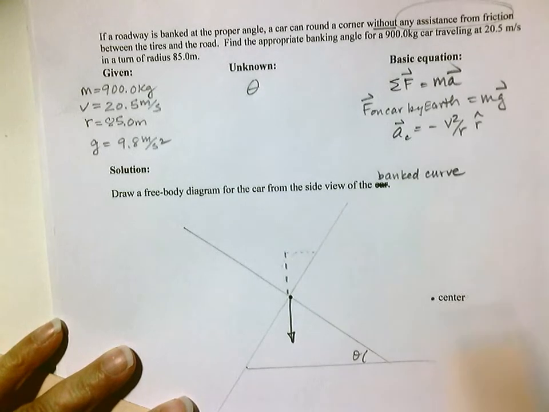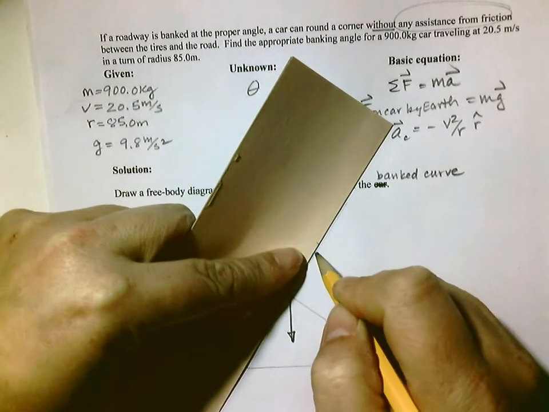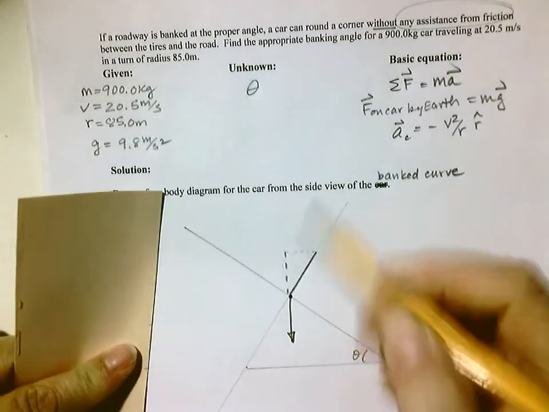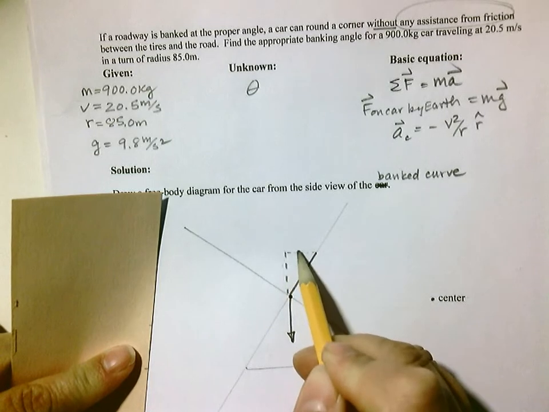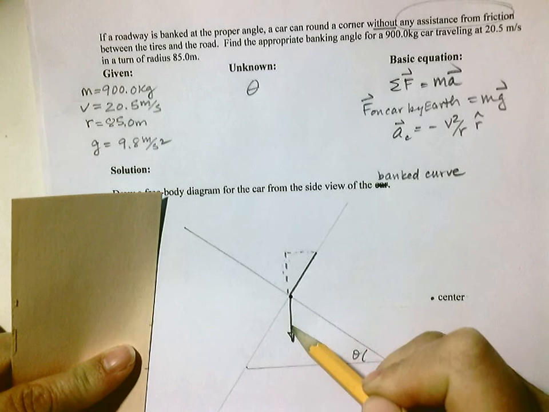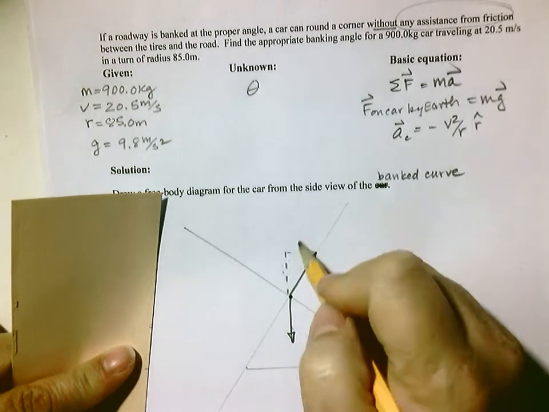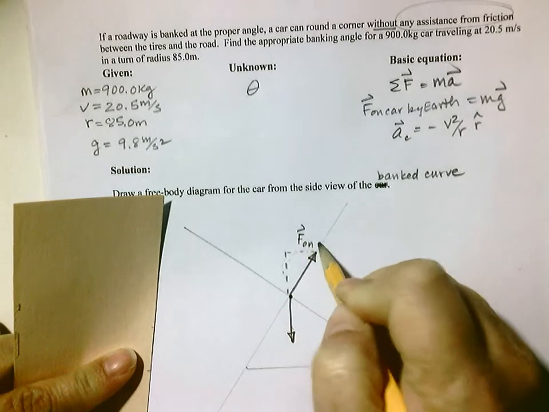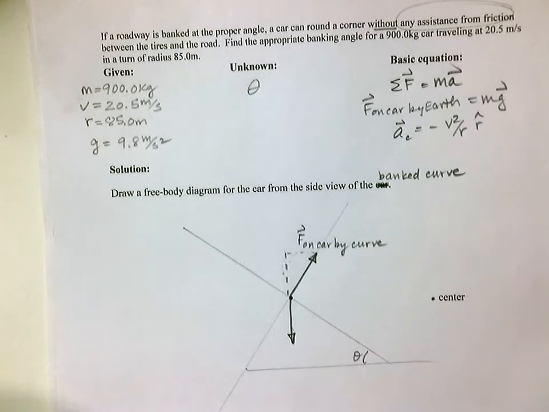I'm only accelerating horizontally this way. So my normal force is going to be drawn a little differently than we've learned in the past. Before, we drew a parallelogram. This time I'm not going to, because this is my y component of the normal force, and that has to equal the magnitude of the weight in order for my y components to cancel out. So this is my normal force, the force on the car by the curve, or by the road or ramp, whatever you want to call it.